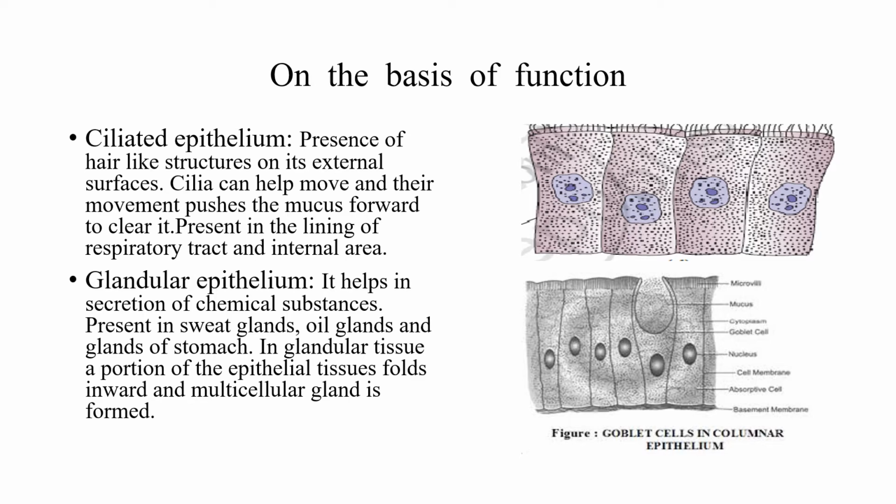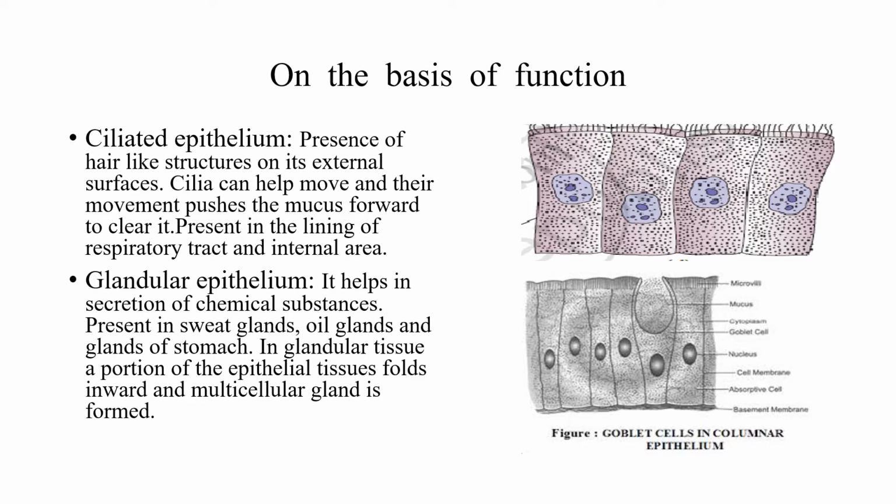It helps to push out the dirt and also dust. So we can see here the presence of hair-like structures on its external surfaces. Cilia move, and their movement pushes the mucus forward to clear it. Present in the lining of respiratory tract and internal area.